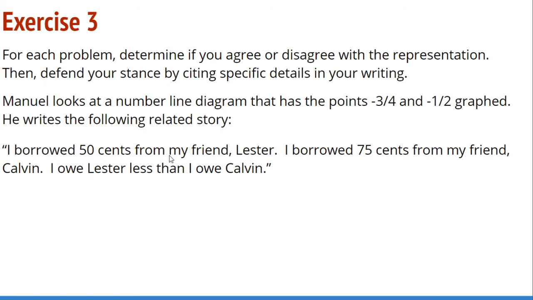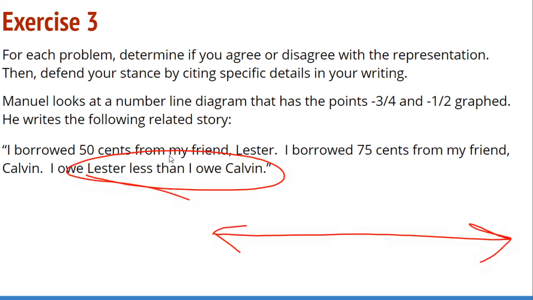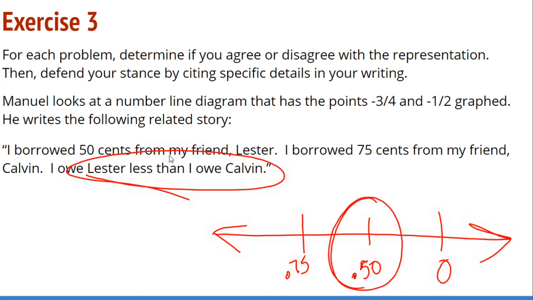There's two different ways to look at this one, and we have to apply it to the situation. So owing Lester less than is owed to Calvin. Well, they both are owed money. One of them is owed 50 cents and one of them is owed 75 cents. Well, this number right here is owing someone less. So I agree with this statement.